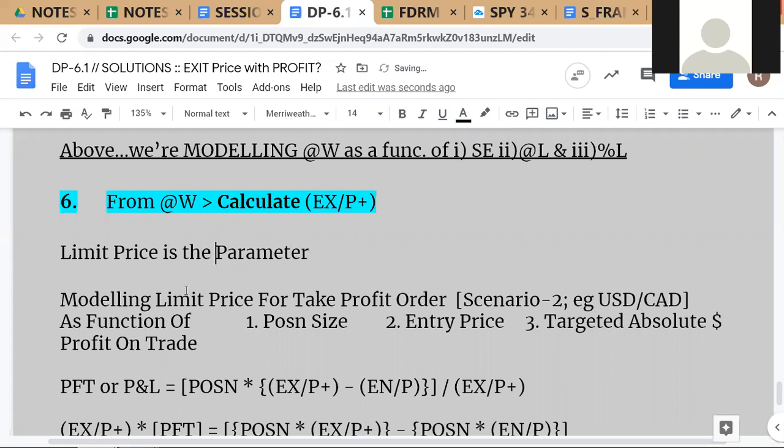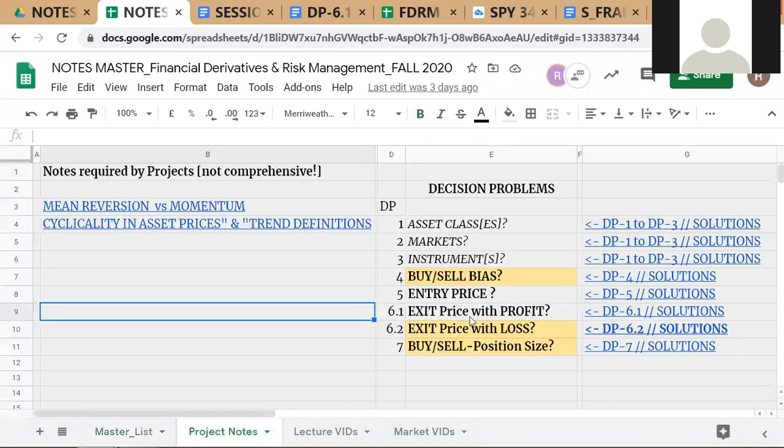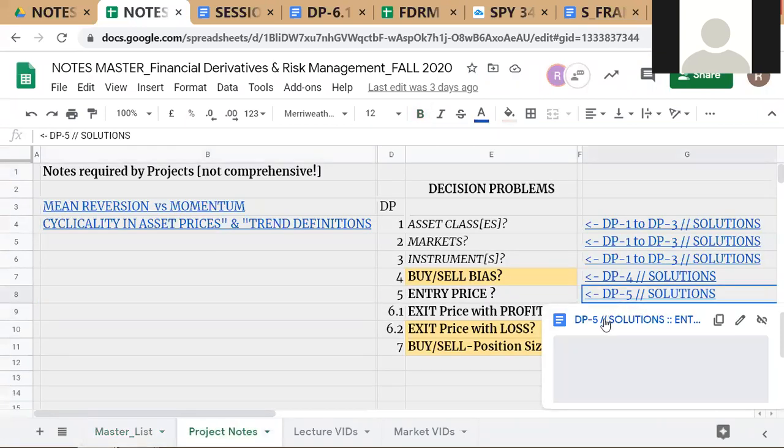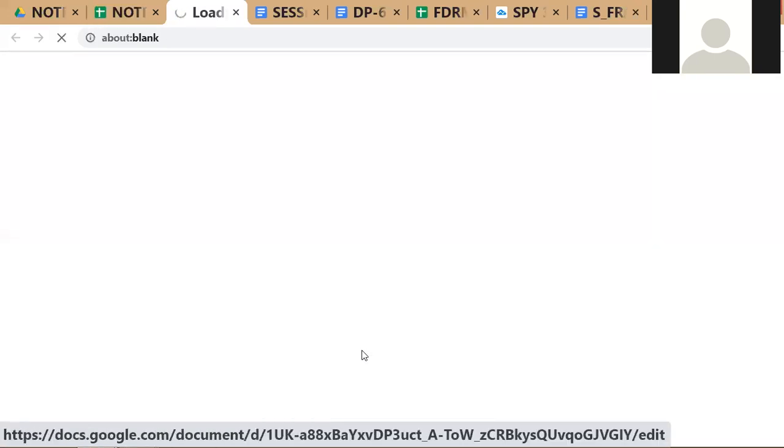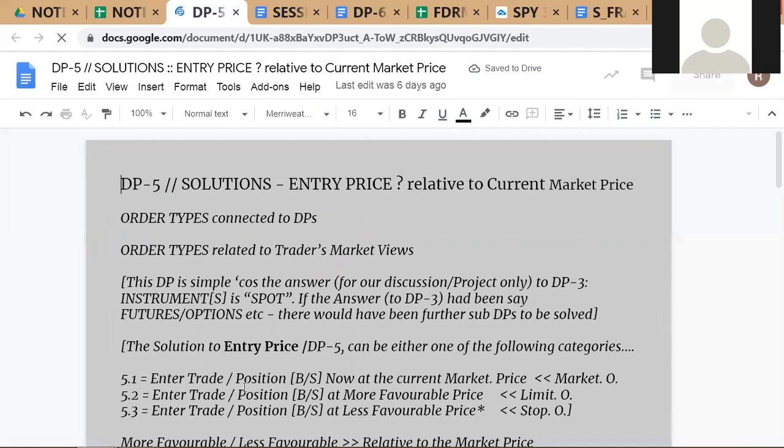If you go back to your DP5, under DP5 you will find that there is one parameter in a limit order. The limit price is the one parameter for a limit order.